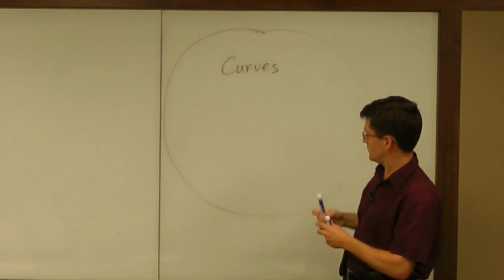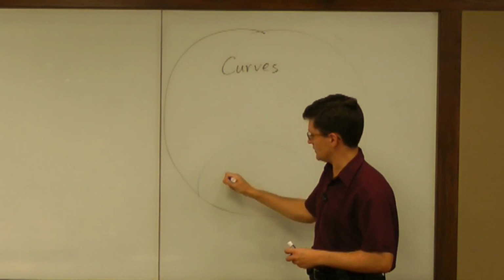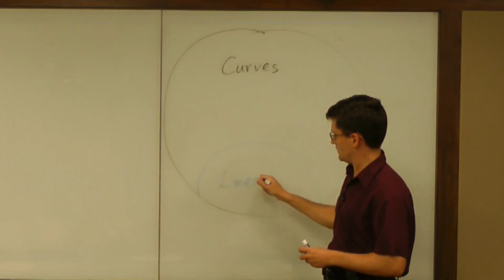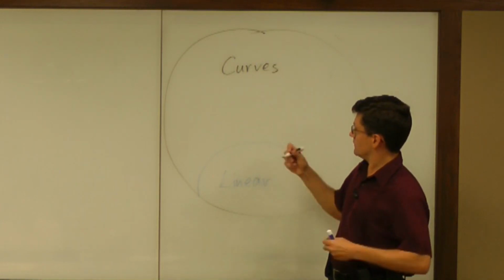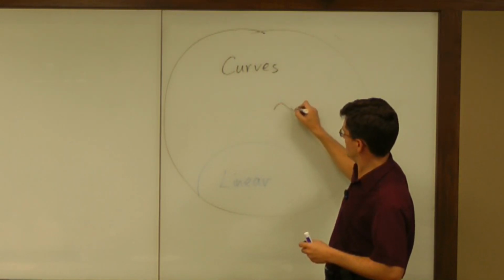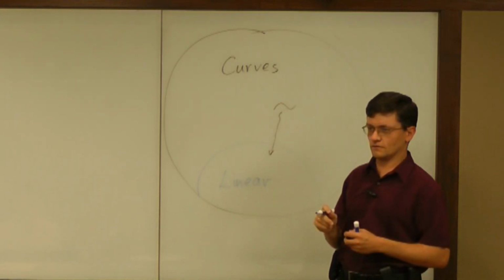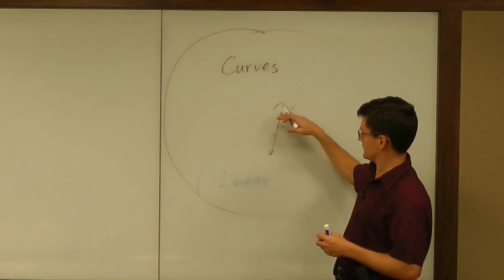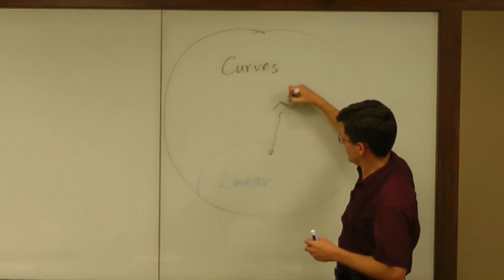We first outline what it means to be linear. And then we say, okay, any other curve can be linearized, well, in the sense that it is localized and replaced by a linear curve.